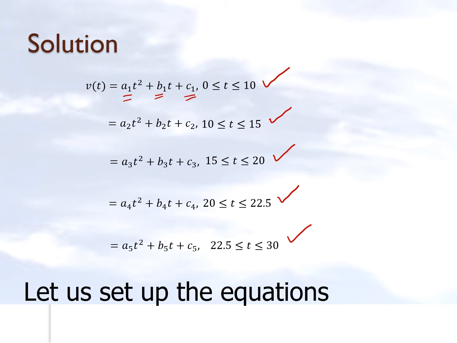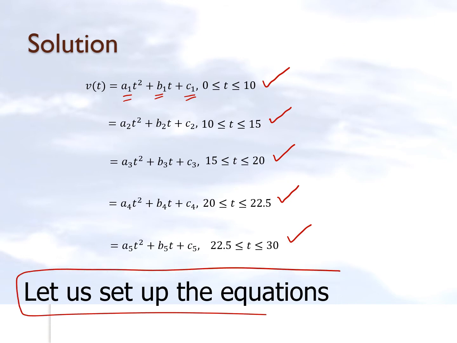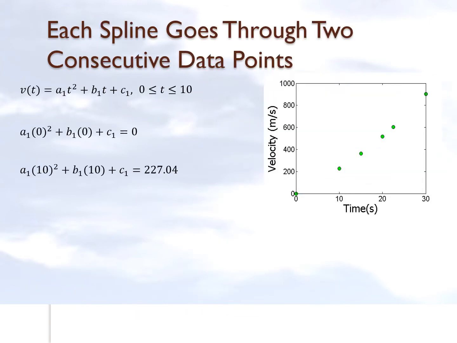So once we have established that we have to find 15 unknowns and what domains each of those quadratics are valid for, let's go and set up the equations. So the first part of the theory, which we talked about in the previous video, is that each spline goes through two consecutive data points.